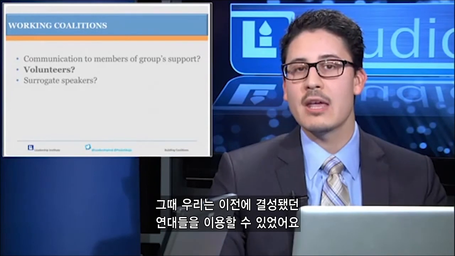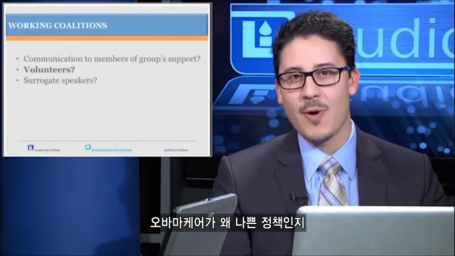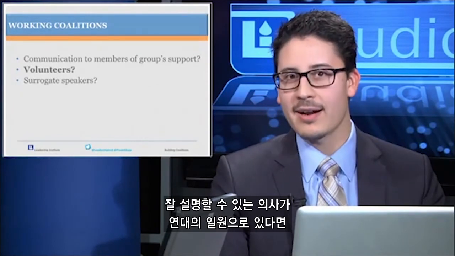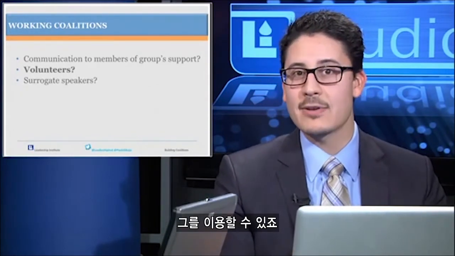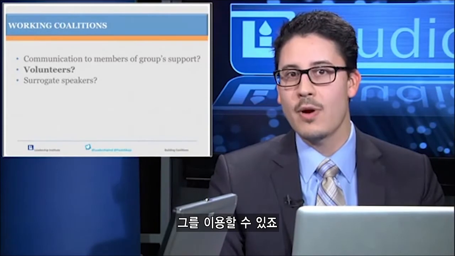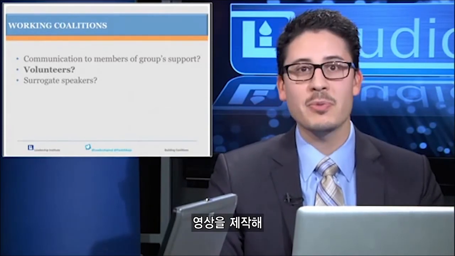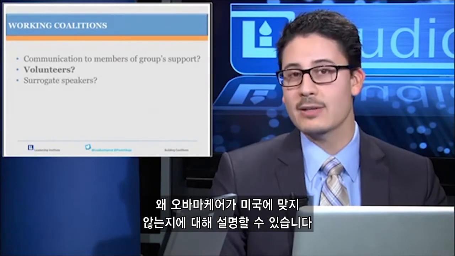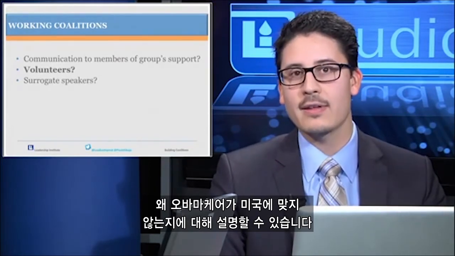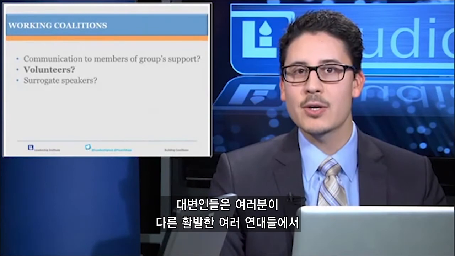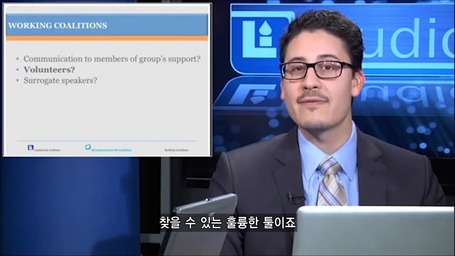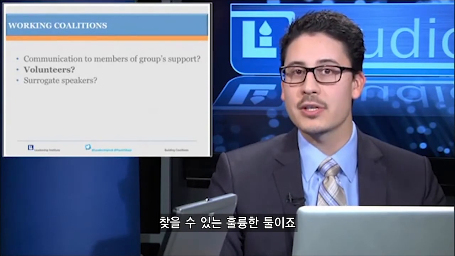If you've got a doctor who can better explain why the President's Affordable Care Act is a bad idea for America, you're going to tap that individual who had been part of your coalition before to perhaps make a web video and explain why the Affordable Care Act is not the right thing for America. So surrogate speakers are a great tool that you can usually find in different working coalitions.